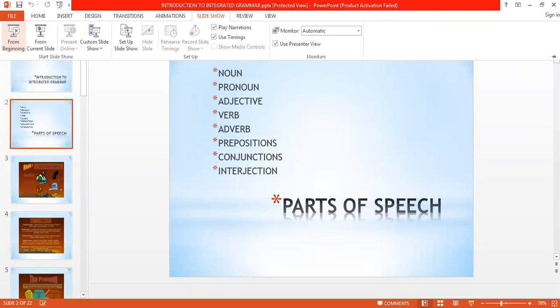Demonstrative adjectives are these, those. Now, here you can get a little confused between the demonstrative pronoun and demonstrative adjectives. What is the difference? First of all, you should know there are four demonstrative words: this, that, these, those.